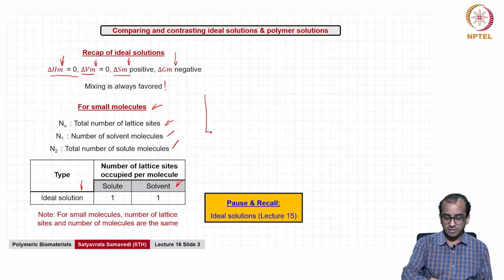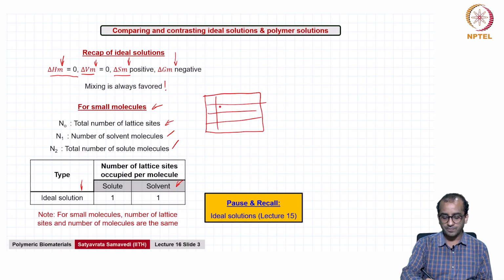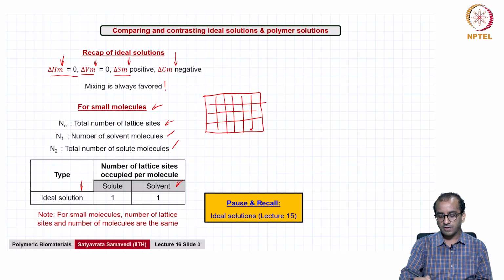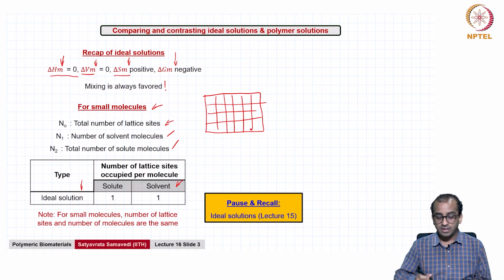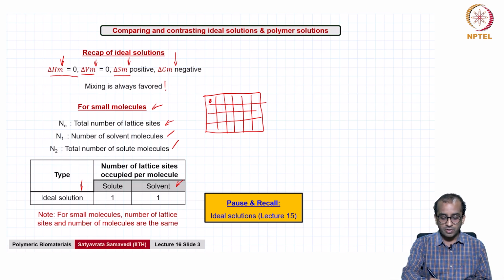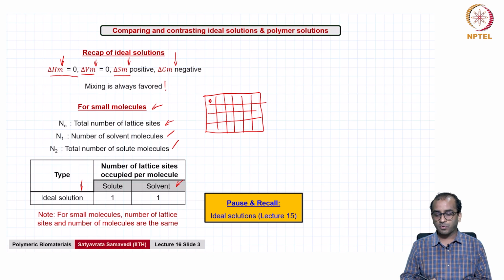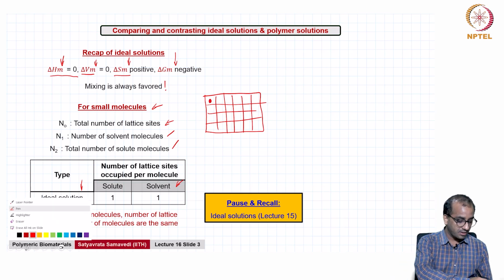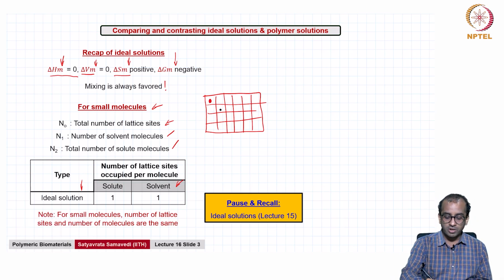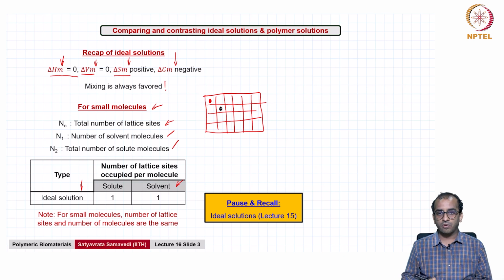So if you consider this checkerboard here as an example for a lattice, each solute molecule can occupy one spot only. Likewise, each solvent molecule can also occupy only one site.